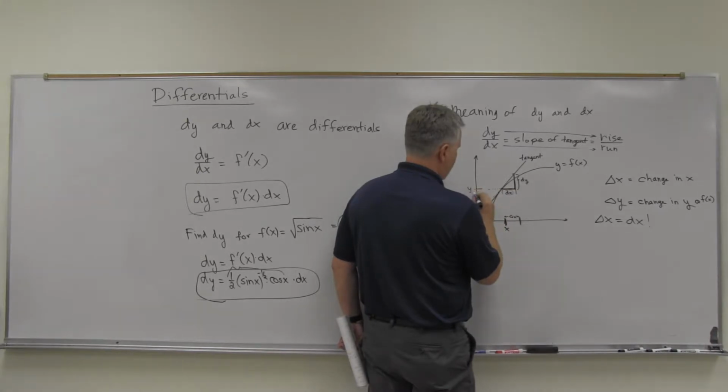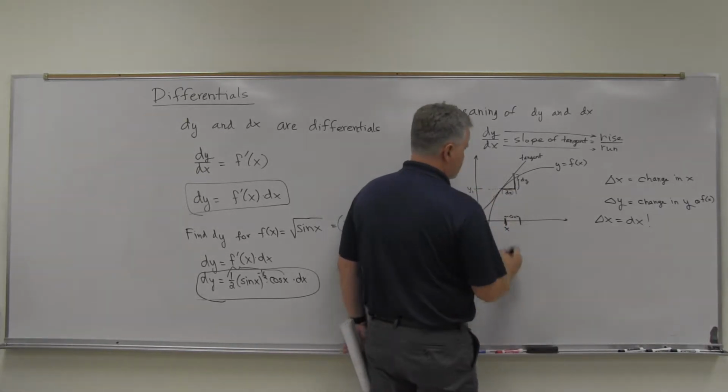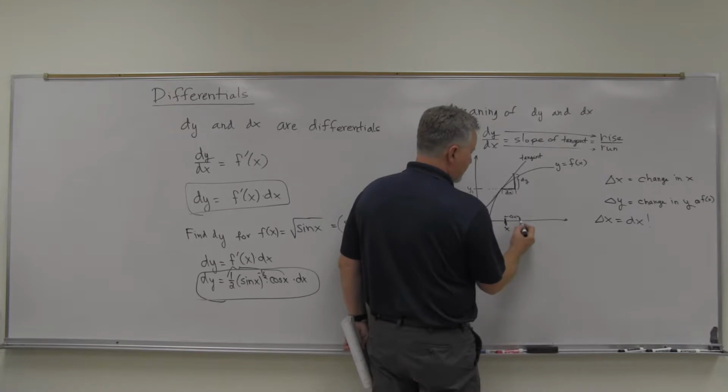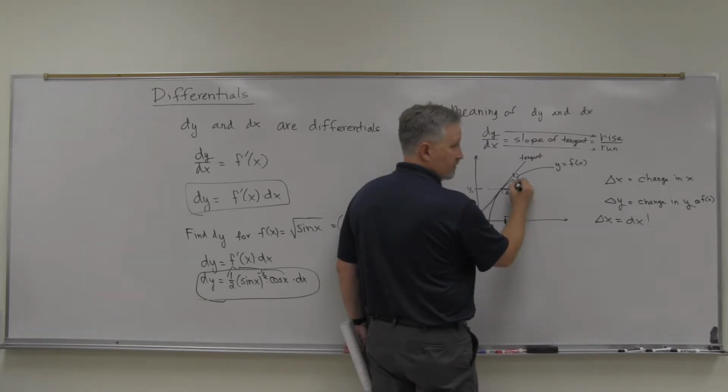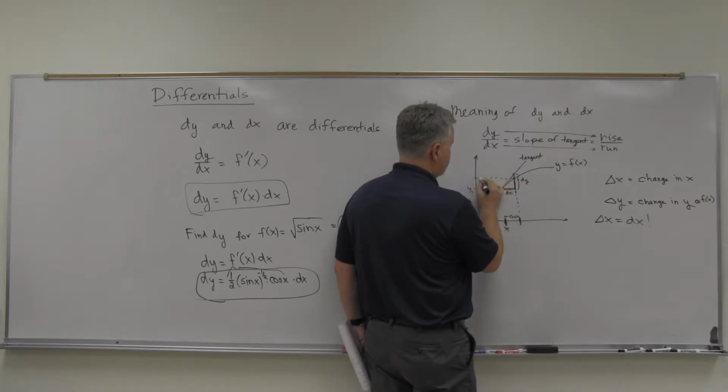So that's, call it y1. And then I go from this point, I go up, what's the y value at this point? Well, I don't go up all the way to the tangent line. I'm talking about the y value, the function value. And so the y value I'm talking about here is actually this y value.